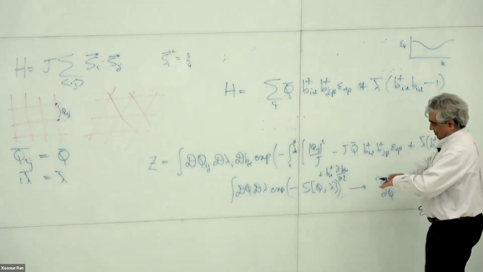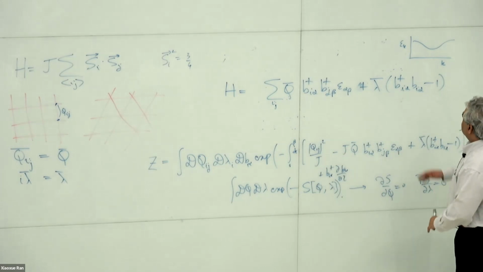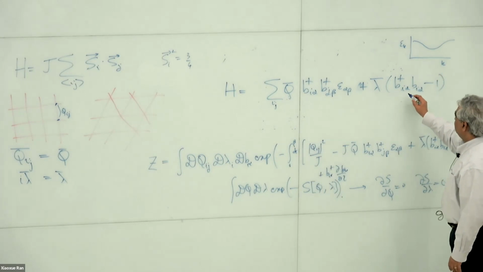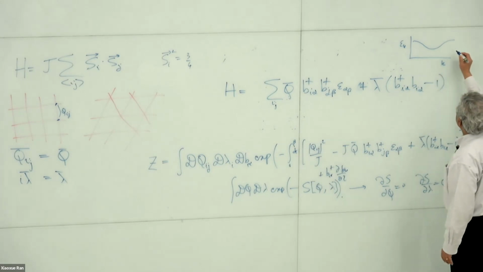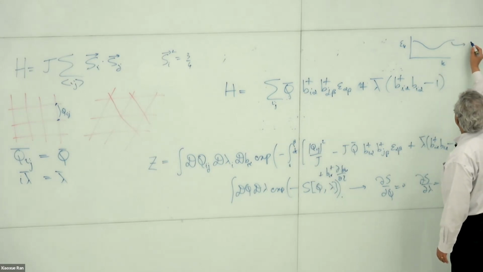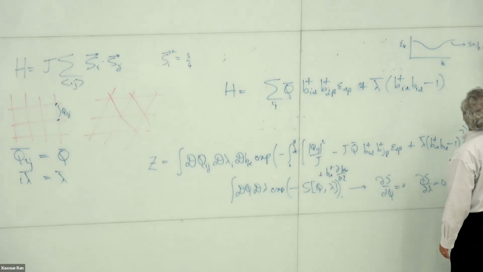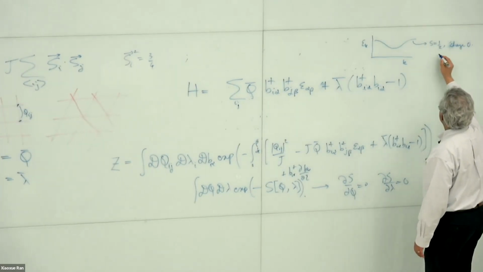You found a saddle point, which has a gap of some boson, and this boson carries spin a half. So this is a particle which has spin a half and charge 0. So this is what we call a spinon.